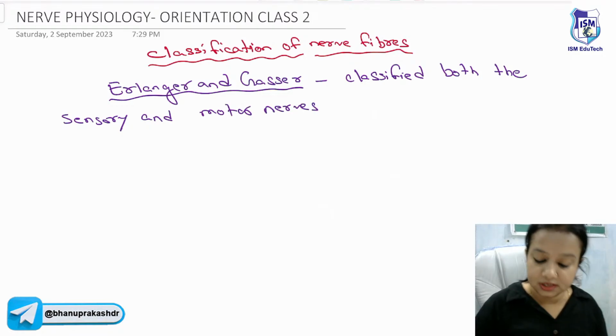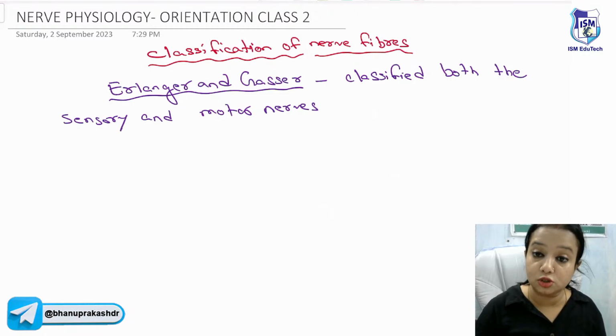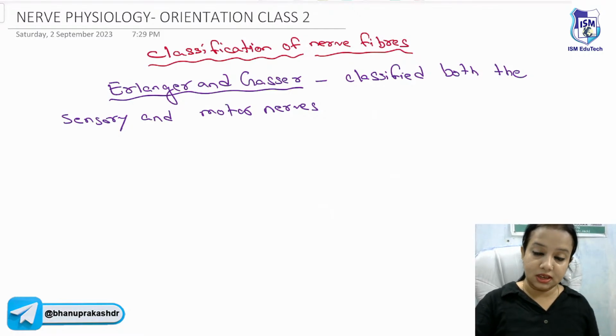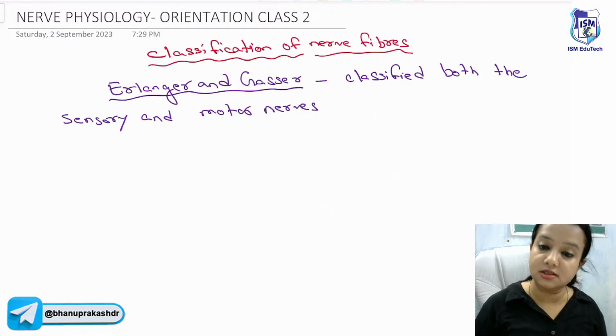Sensory nerve means which will sense sensations like pain, temperature, touch, pressure. All those sensations will be carried by the group of nerve fibers which we call the sensory nerves.